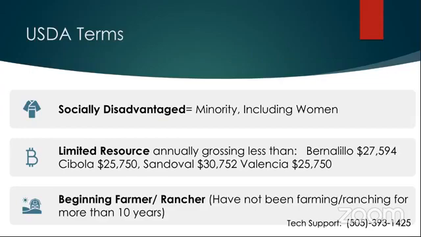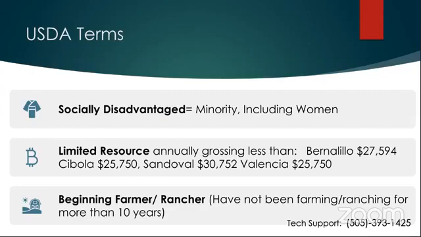The limited resource term means that you are annually grossing less than these numbers that I've listed. There is a website that can be provided, or I believe even if you do a Google search for USDA limited resource, it'll bring up the tool if you live outside of these 4 counties, and it will give you that number that we're looking at.